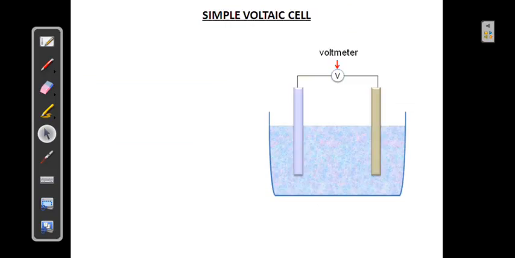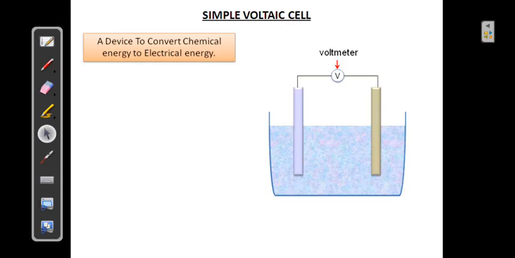Now look at this Voltaic cell. Can you look at the diagram? What is the difference? Well, they have a cathode, they have an anode, they have all these electrodes, and now they have another piece of equipment called a voltmeter. Whereas in the electrolytic cell we don't have a voltmeter, here we have a voltmeter. So a voltaic cell, or simple voltaic cell, is a device to convert chemical energy to electrical energy.